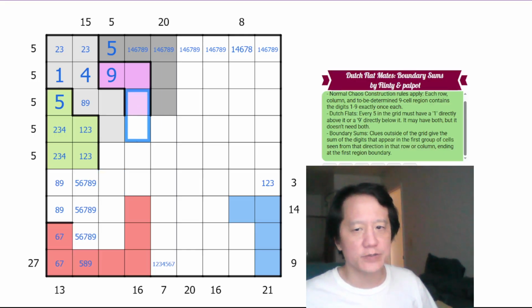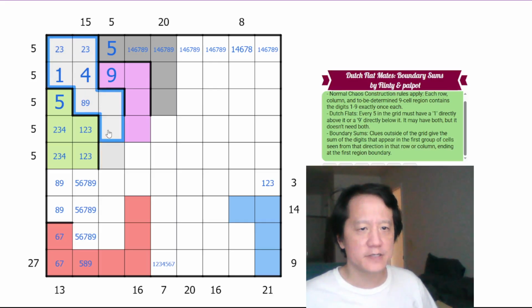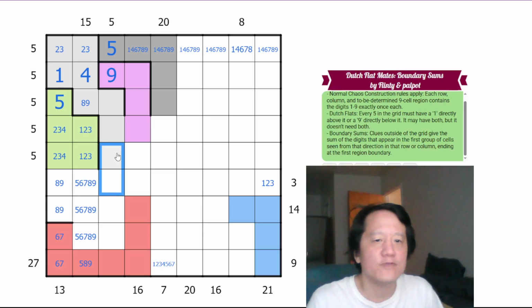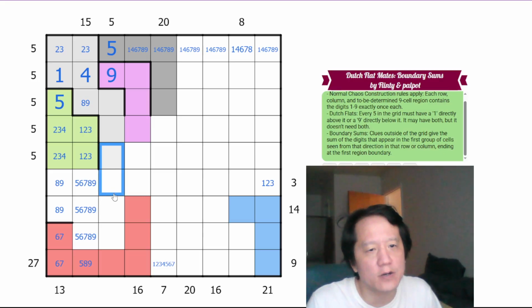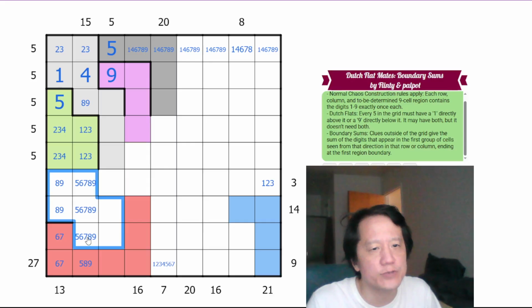Pink has to continue out here because there's no other place for it. Light has to continue out there because there's no other place for that. 1, 2, 3, 4, 5, 6, 7, 8. And it could go 9 here or 9 here. If we try to go 9 here, we would have 7 cells trying to be 7 cells available.